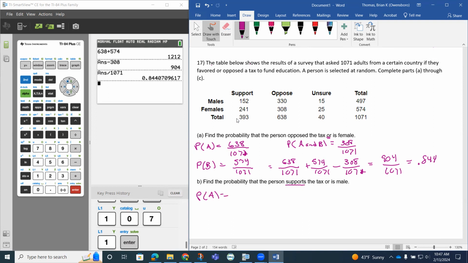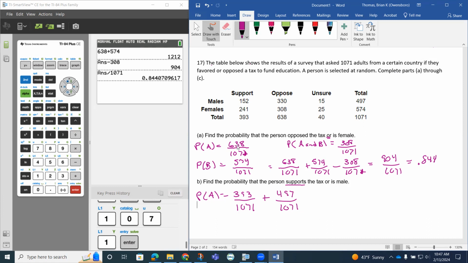We have 393 people who support the tax, and there are 1,071 in that sample space. Male, we have 497 who are male out of this 1,071.